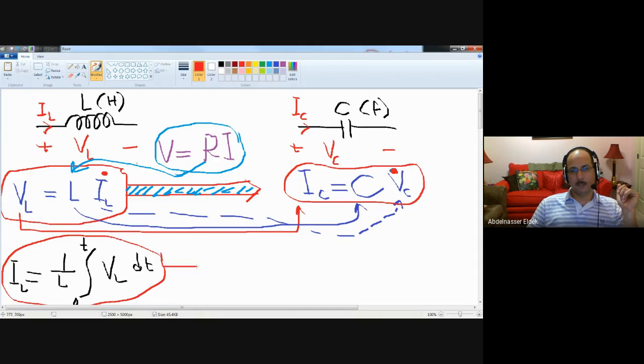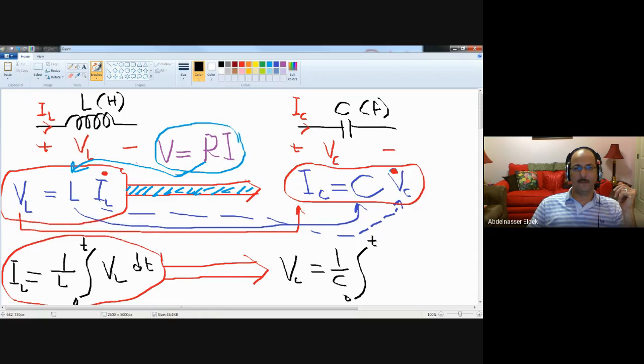Okay. Then if we know this one, we can find the relation for the capacitor. Then again, we apply the same steps. We have current here, IL, make it VC, of course. And then 1 over L will be 1 over C. And integration from 0 to T, you leave it as it is.